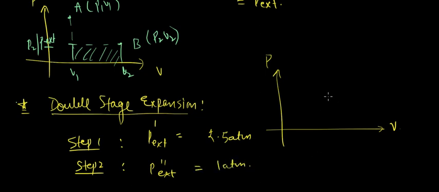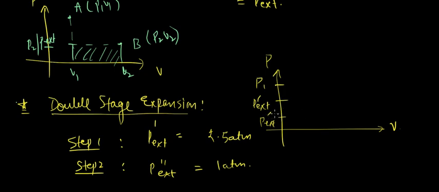So we are expanding the gas in 2 stages. So we would have something like, this was initial P1, this was P external dash, and this was P external double dash.